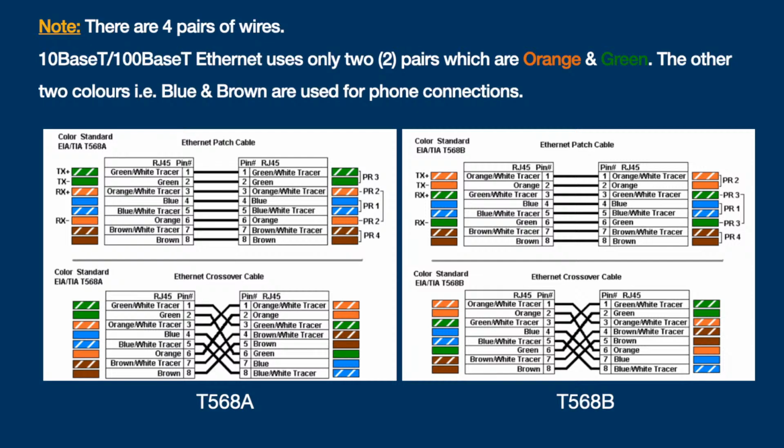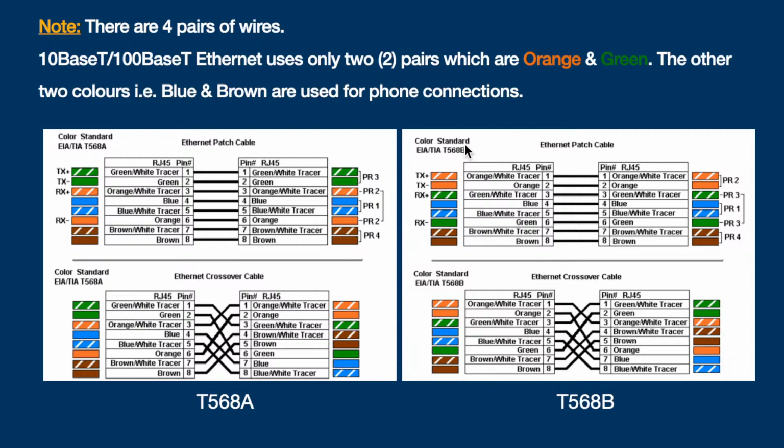There are 2 pairs of wires used, and this could either be 10 Base-T or 100 Base-T. Ethernet uses only 2 pairs of wires, which are orange and green.